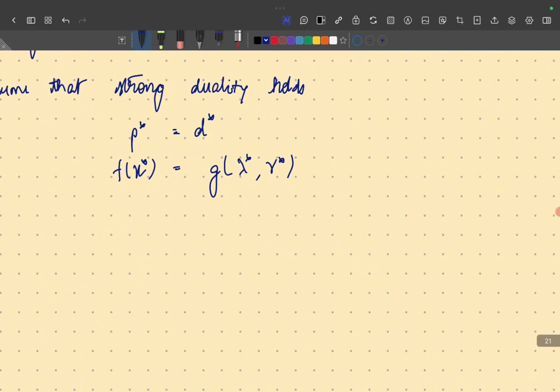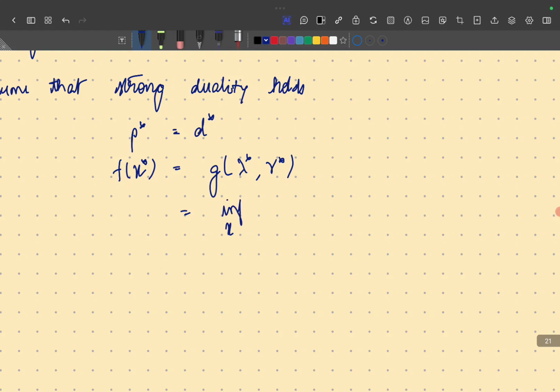All right. So let's write down this g of lambda star, nu star in detail. So how did we get g in the first place? We did it by minimizing L of x, lambda, nu with respect to all x, not just constrained over the set of feasible points.